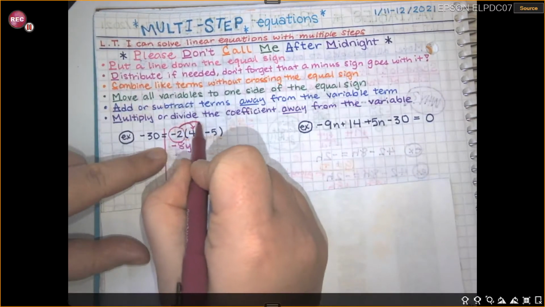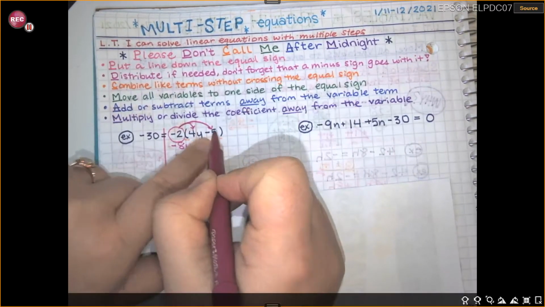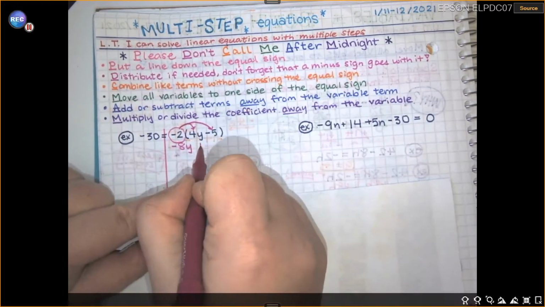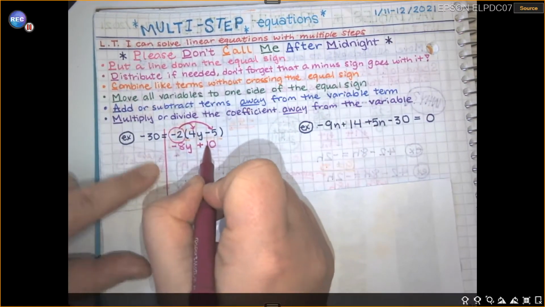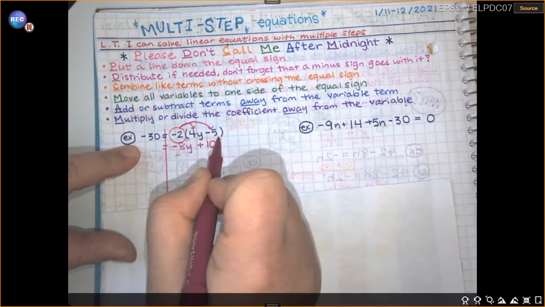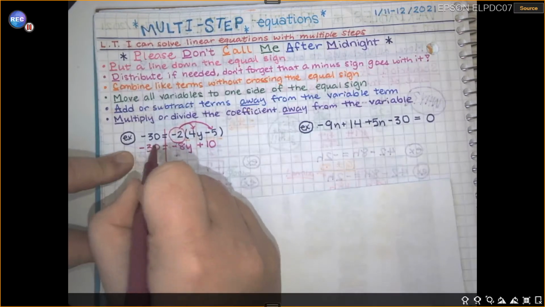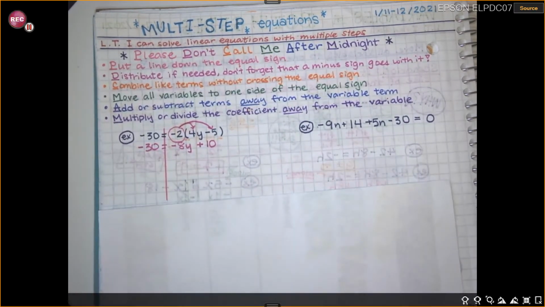And then -2 times -5, treat that like a negative, because a negative times negative becomes positive 10. And then that was only on the right-hand side. There's nothing to do on the left, so just bring down the -30.